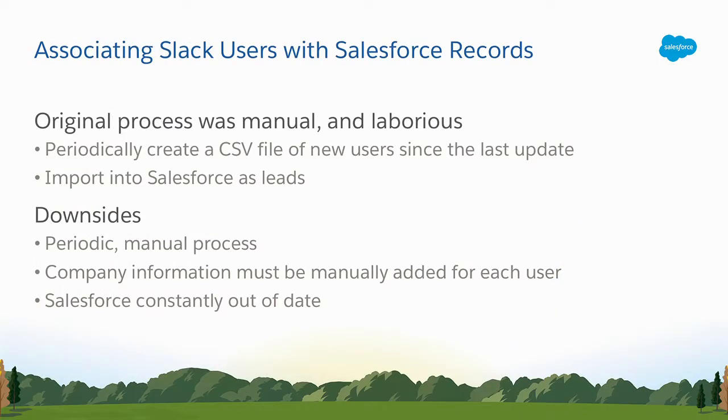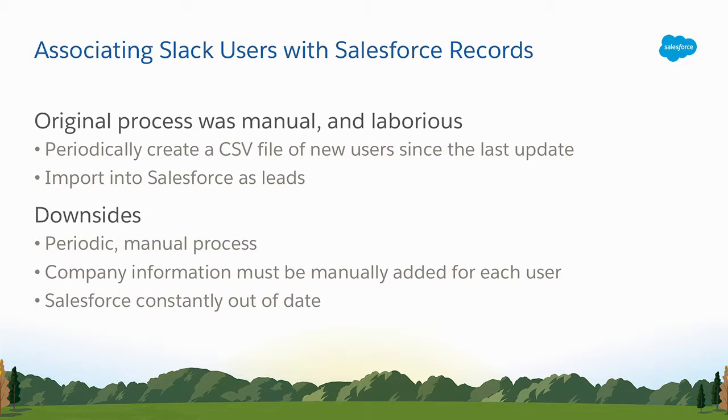So we have a Slack team. And does anybody not know what Slack is? Okay, great. So we have a Slack team for our community. Users show up and ask questions and so on. And I had a process where I was creating a CSV file, giving it to somebody to load into Salesforce, and they were just dumping them as leads.